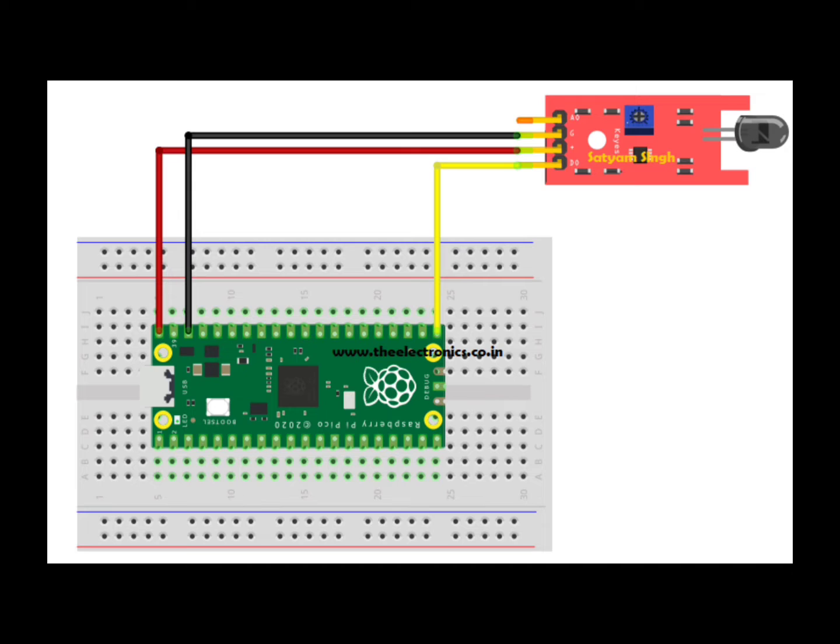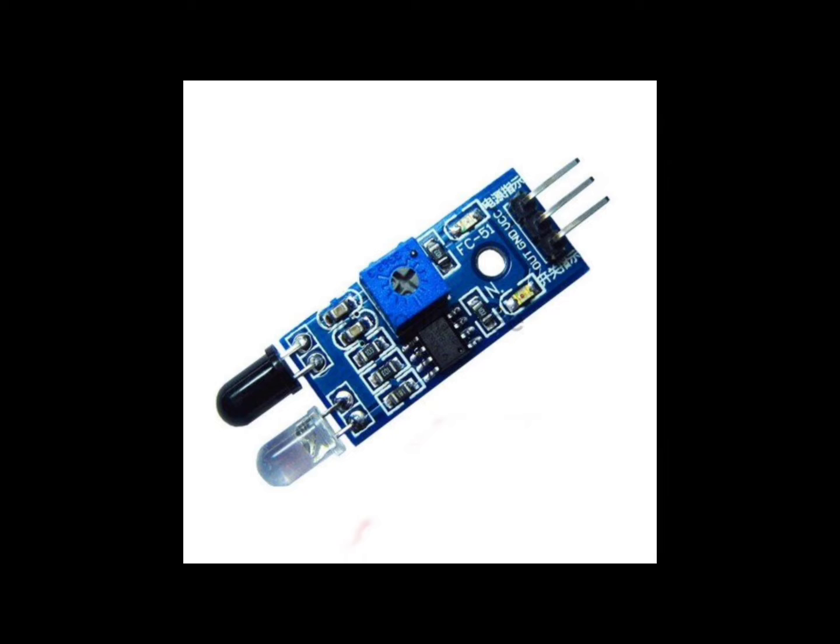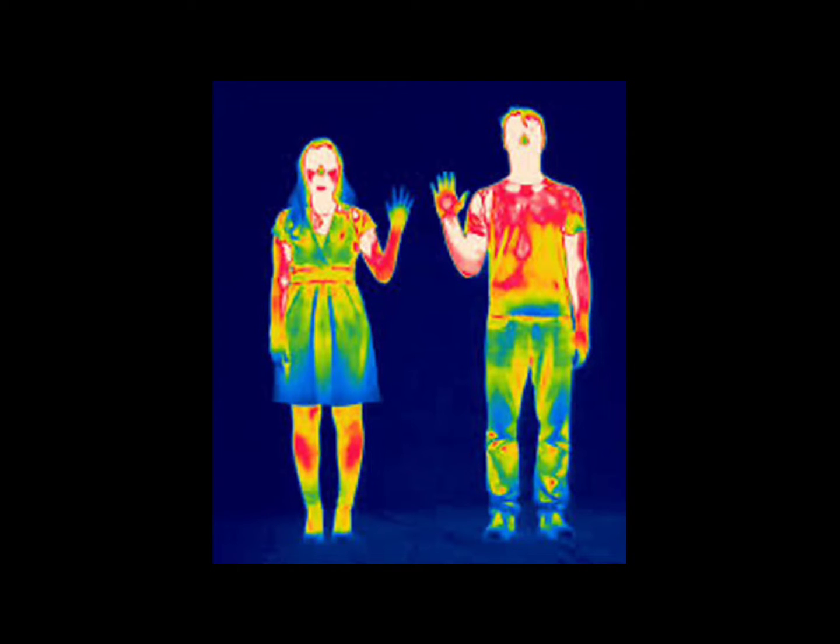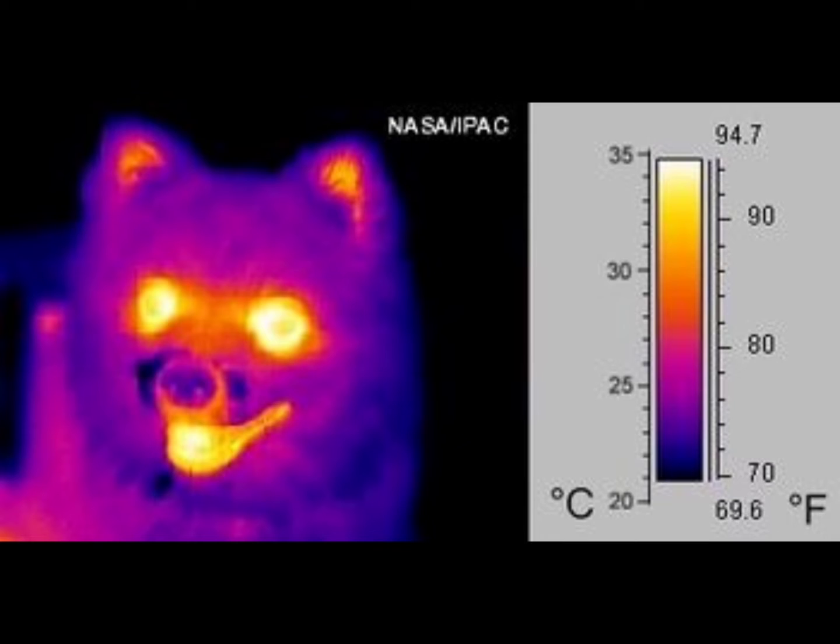I have connected the IR sensor with the Raspberry Pi Pico with the help of jumper wires and our breadboard. The basic function of this system is that the IR emitter emits an IR wave, which is invisible to humans, at a certain frequency, and the emitted IR wave goes on moving. IR sensors can detect our hand, but they can't detect metals.